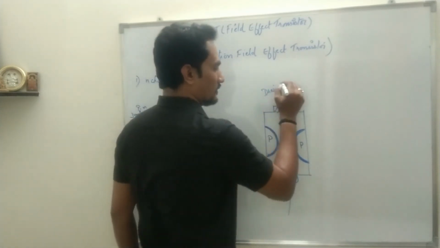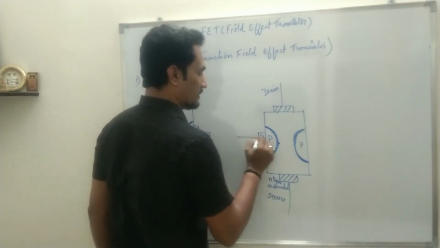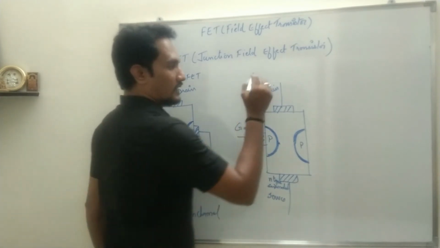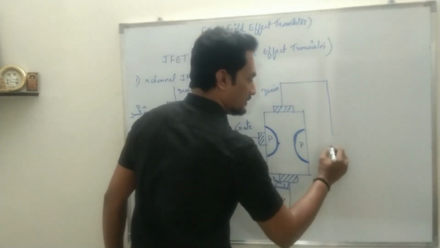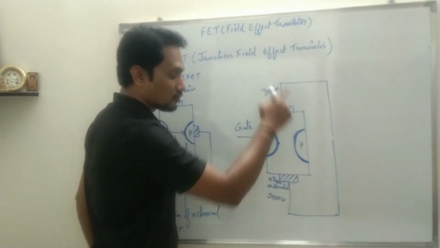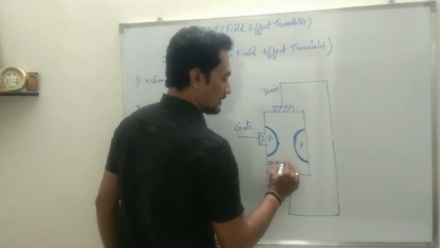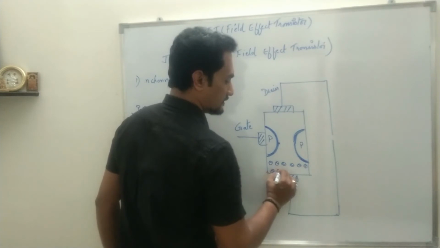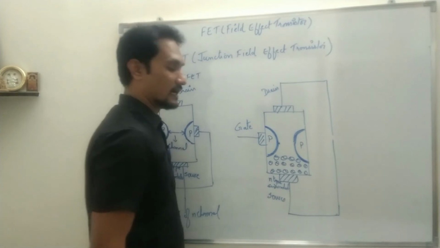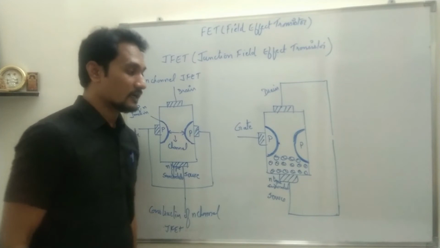Now, these two p-n junctions are internally connected and one terminal is taken out, called the gate. Now connect a polarity between source and drain so that charge carriers will move from source to drain. This is an n-type semiconductor, so the majority charge carriers will be electrons, and a large amount of electrons will be there.